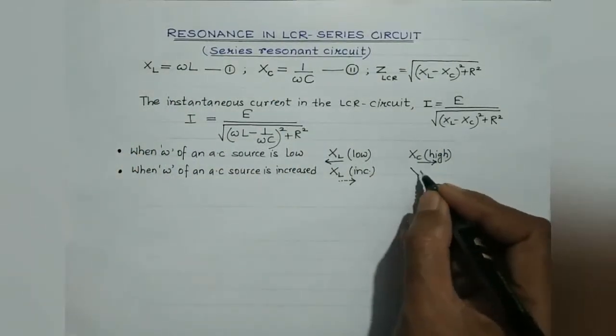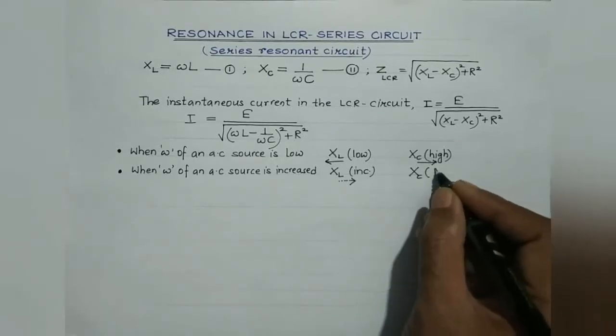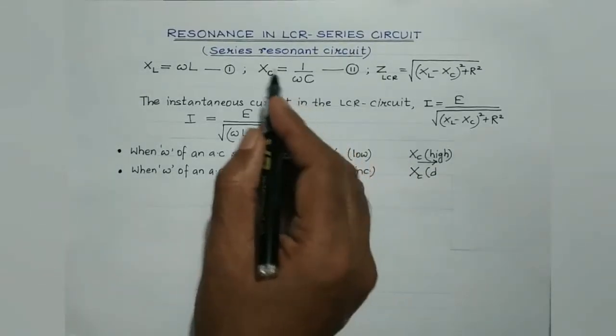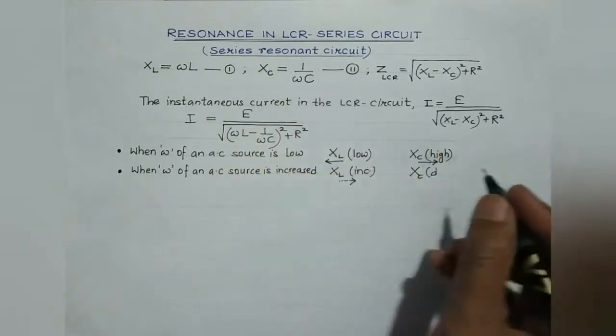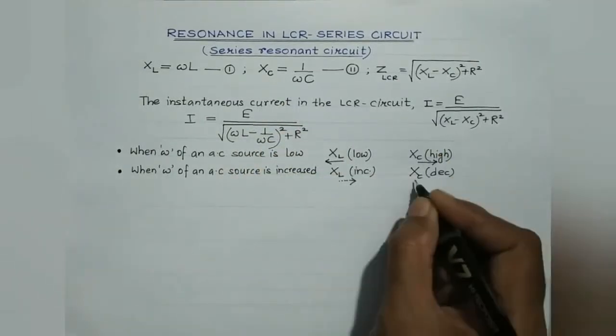While on the other hand, students, the value of XC with the increase in the value of omega will start decreasing. It's inversely proportional.